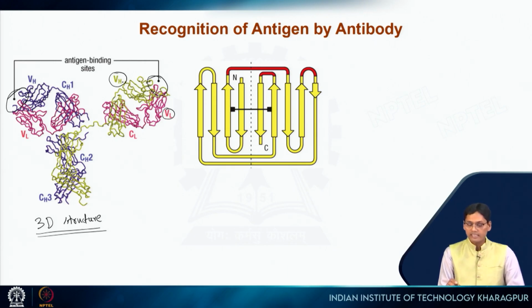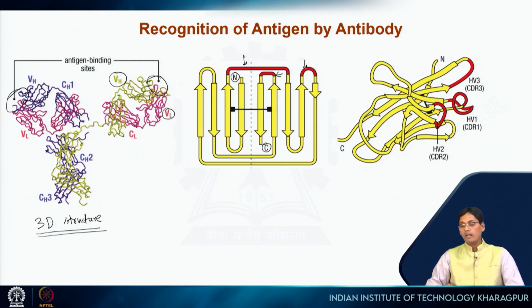And here 3 loops are very important. As you can see, this is the N terminus and C terminus. These 3 loops, 1, 2 and 3, are called CDR loops.